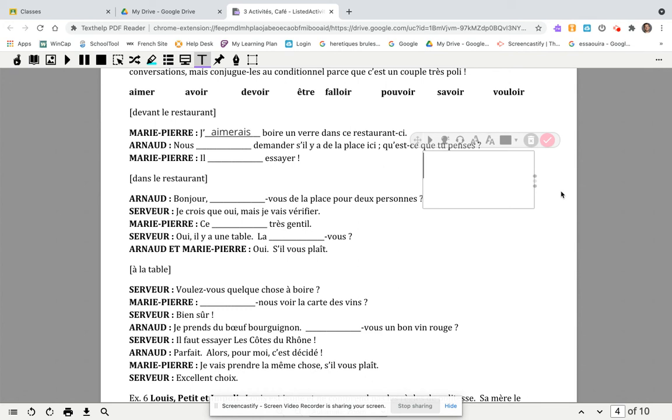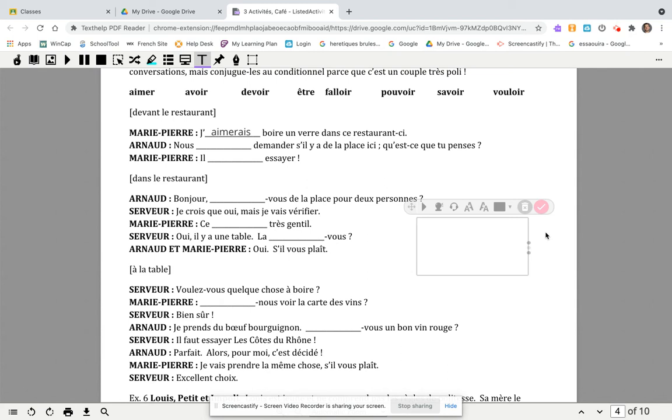Arnaud says, nous blank demander s'il y a de la place ici. Qu'est-ce que tu penses? We blank ask if there's space here. What do you think? So this is where you might have to fill in some and be like, oh, wait, I need to go back and change it. Because could he say we could ask if there's space here?